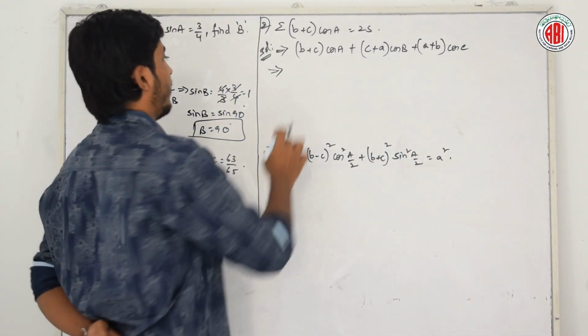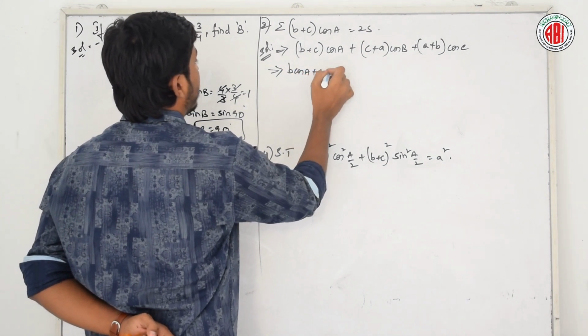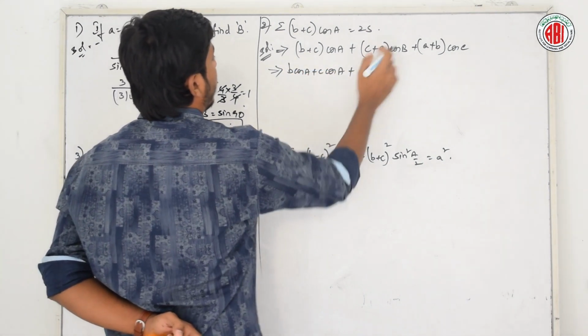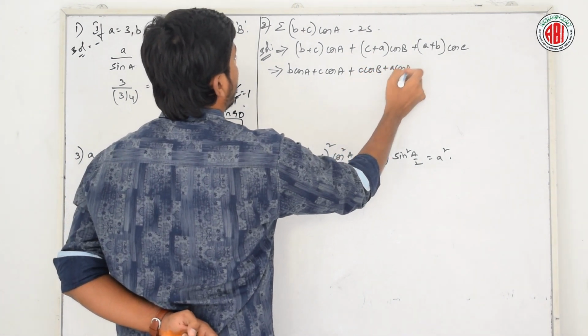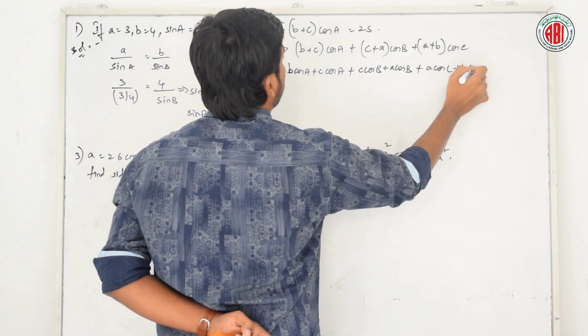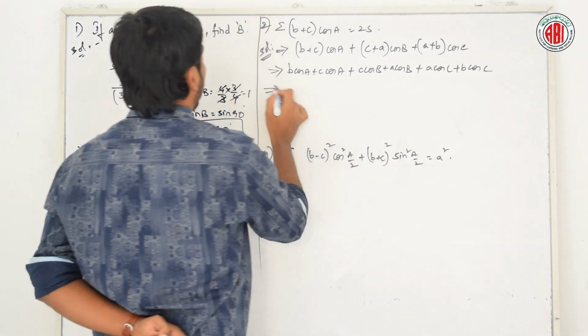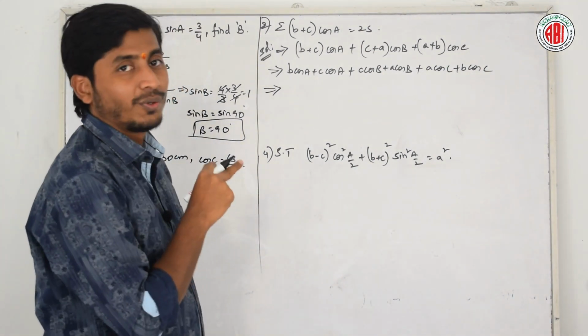Now let us multiply everything. B cos A plus C cos A plus C cos B plus A cos B plus A cos C plus B cos C. Now if you remember the projection rule, you can identify the two terms here.